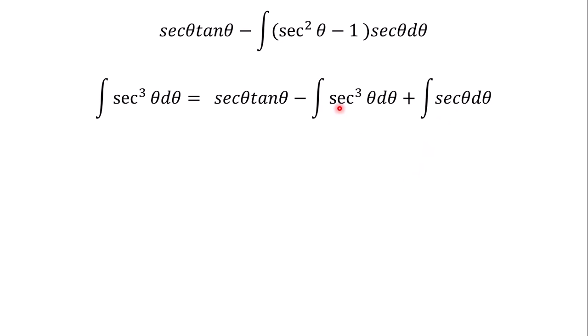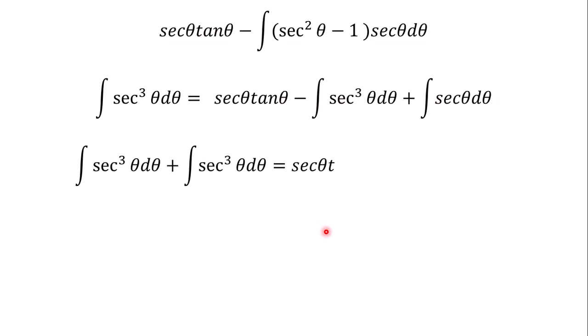So we just add this one to this one, and when you do that, you're going to get, as I said, I'll write the answer for this one directly, and that is natural log absolute value of secant theta plus tan theta, and you will know why when you are solving the B part.